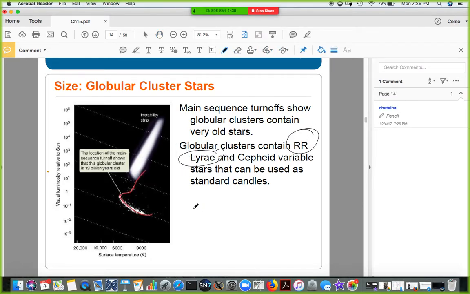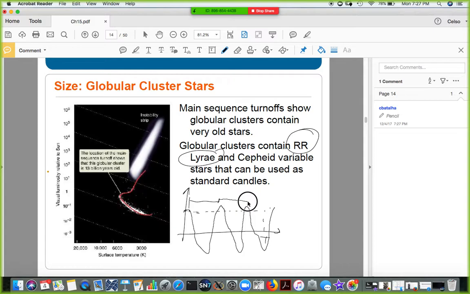So these stars have something interesting. They pulsate in such a way that the time it takes them to pulsate corresponds to their luminosity. In other words, if you observe these stars in some detail, you notice they go in a pulsating range.